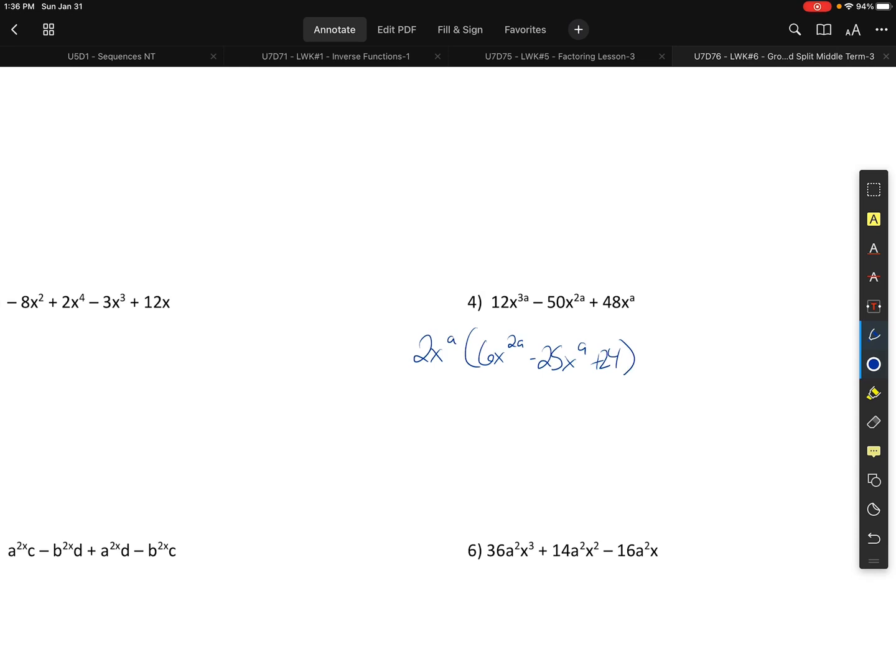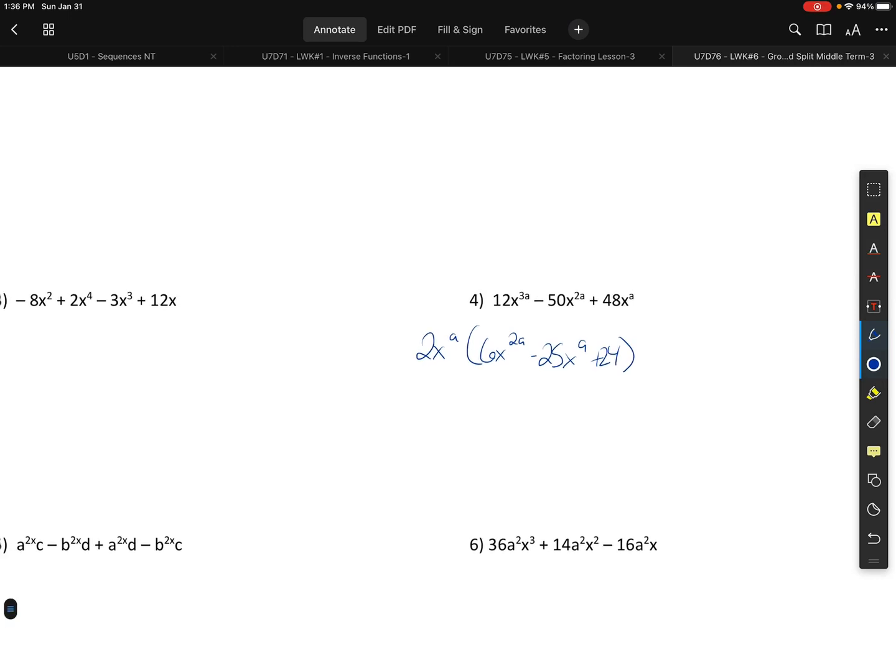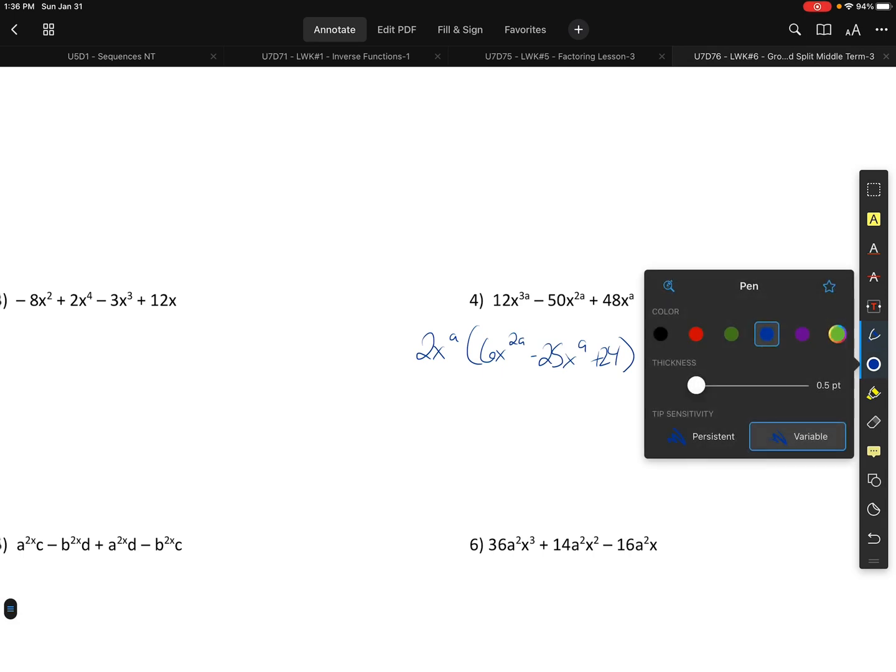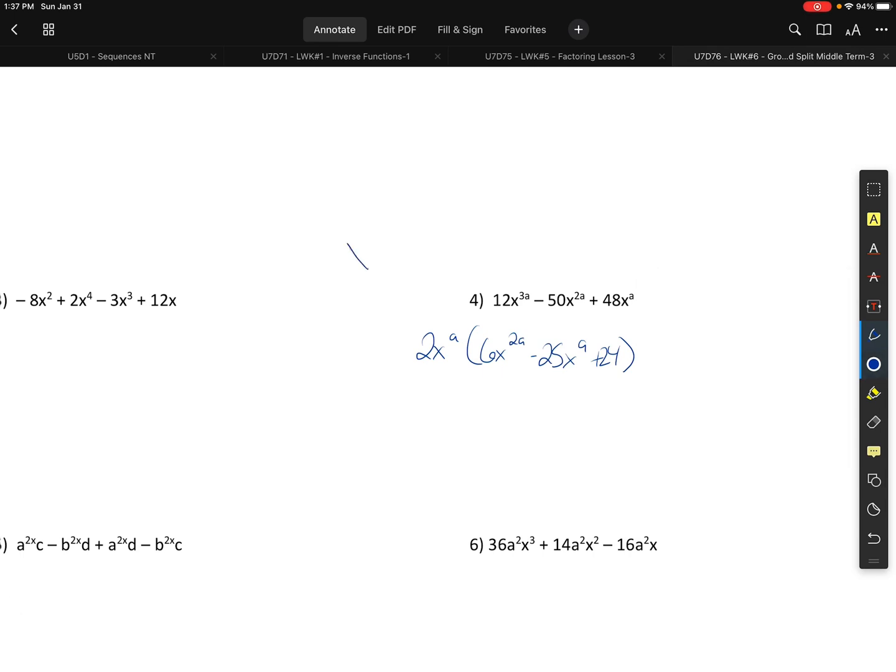A lot of people think that when you GCF to a, the a is gone. But remember, if I were to distribute x to the a times x to the 2a, what do I do? x to the a plus 2a to give me x to the 3a. So that's why this works the way it does. A lot of people make that error. GCF 2x to the a, you're left with what you're left with.